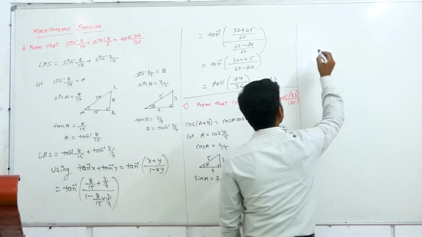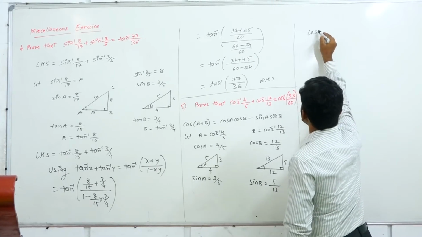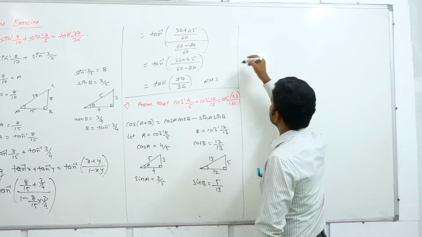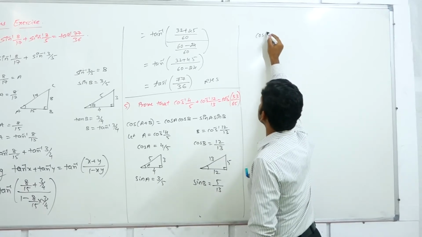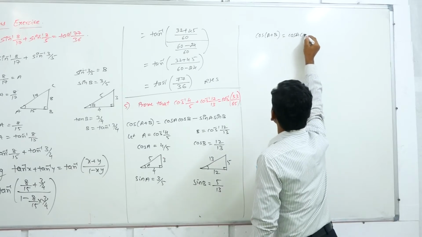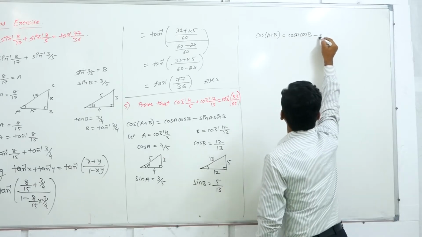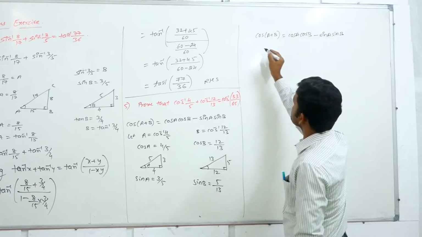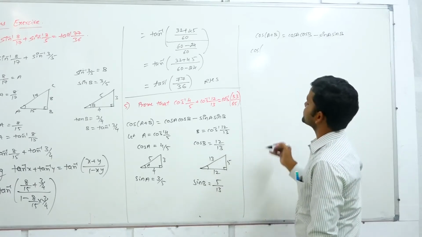Taking the LHS, considering the equation, cos of a plus b is equal to cos a into cos b minus sin a into sin b. Substitute that. Cos will be as it is.